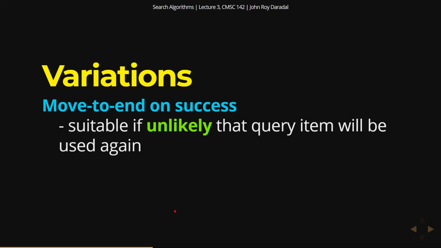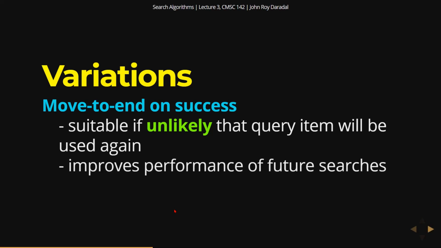So because it won't be used later, you can move it all the way to the back, because that would mean that other items could be moved forward and they could be found faster. Does that make sense? Okay, so this will improve the performance of future searches as well. Okay, so those are the 3 variations for linear search.